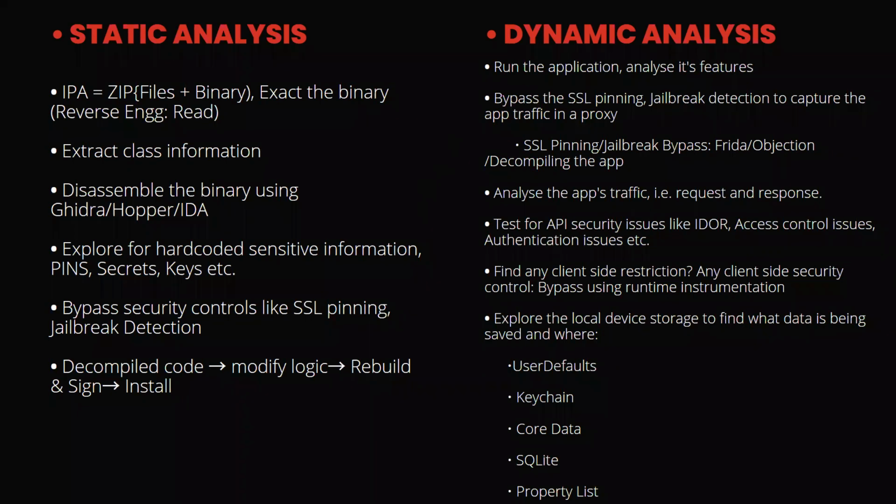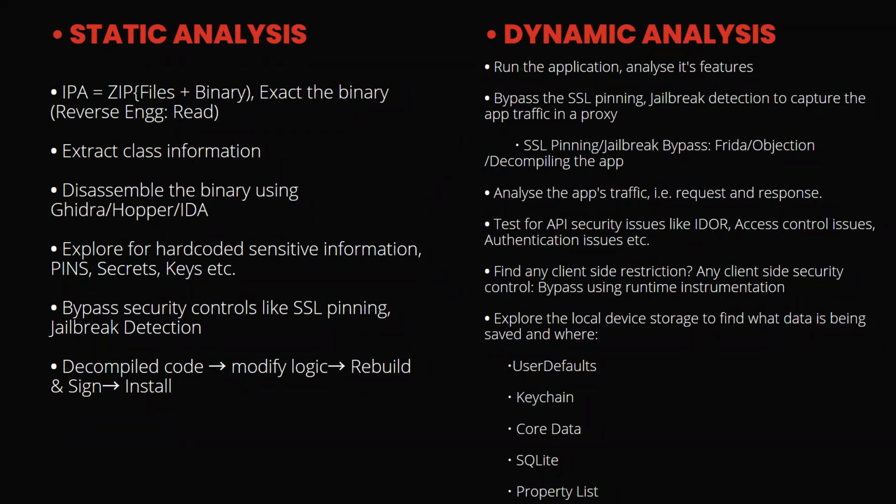It is the package file that gets created when the application is compiled. This IPA file is what is uploaded to the App Store, and it is what you download, install on your phone, and use. So that is the thing to do in static analysis.